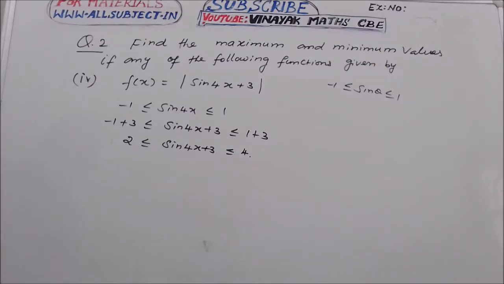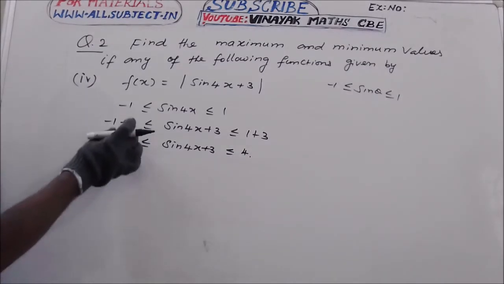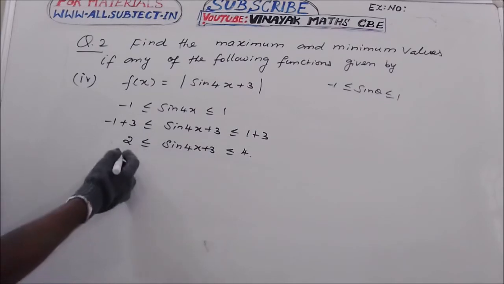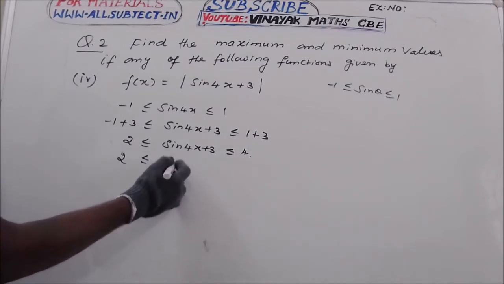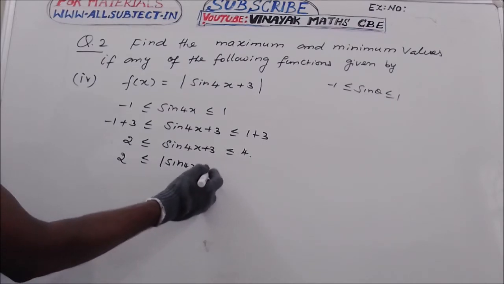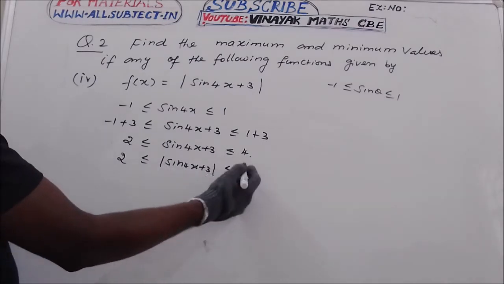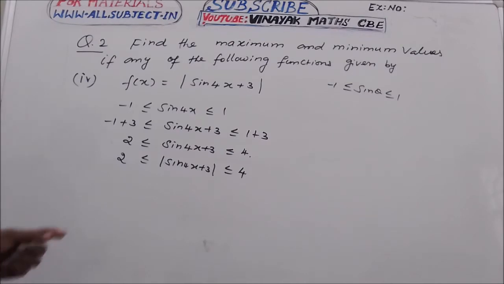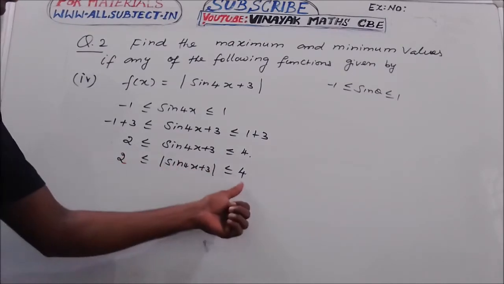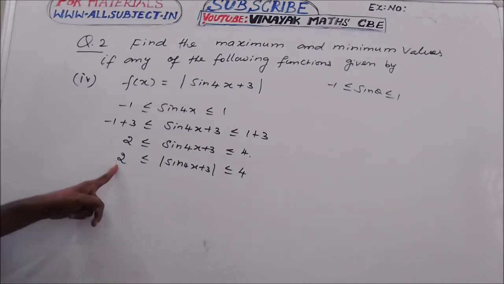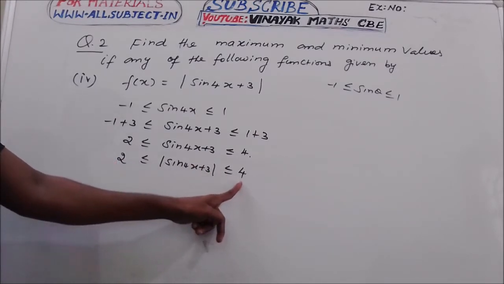Now taking modulus, 2 remains the same, and taking modulus of all the quantities, 2 is less than or equal to modulus of sin 4x plus 3, less than or equal to modulus of 4, which is 4. This is the minimum value and this is the maximum value.